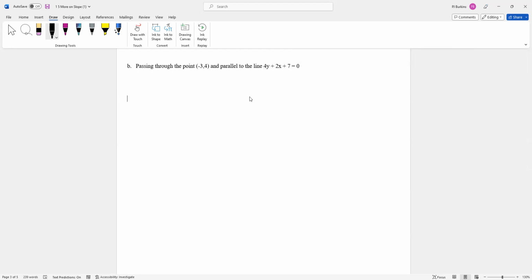So let's start with that equation. 4y plus 2x plus 7 equals 0. Now I want y by itself, so I need to get both of these terms to the other side of the equation. So to do that, I need to subtract both of them.